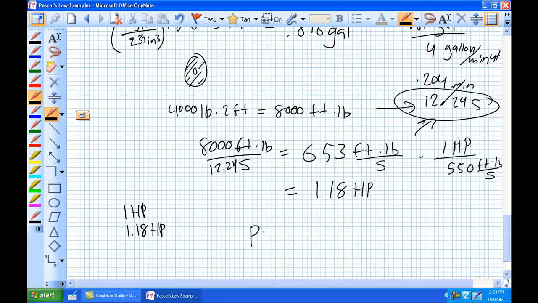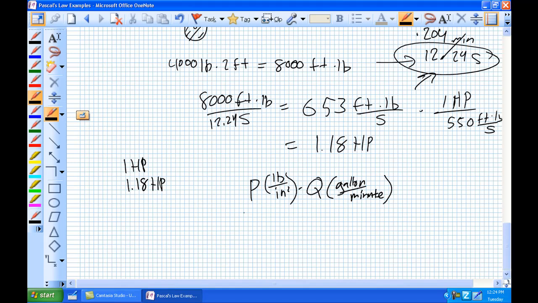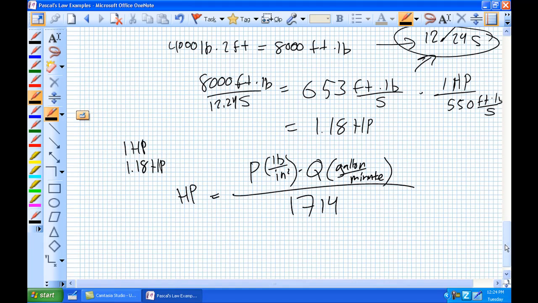If you know the pressure in pounds per square inch, and you know the flow in gallons per minute, you multiply them and divide by this magic number, 1714. That will give you the horsepower requirement.